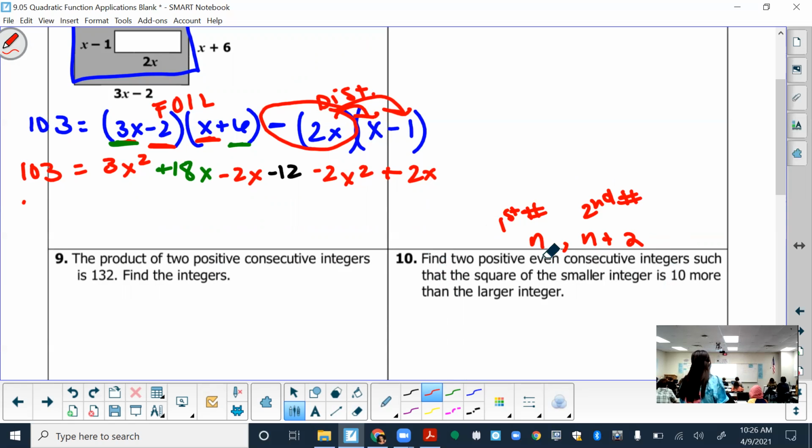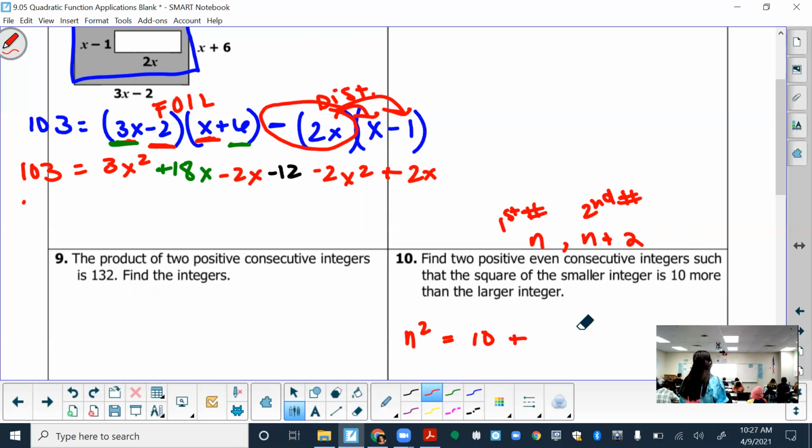And it says such that the square of the smaller number, so if I take the square of the smaller number, so like n squared, is, so is means equals 10 more than, what's more than mean? Good. 10 more than the larger number.